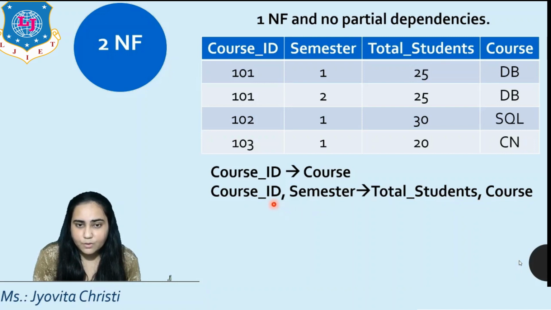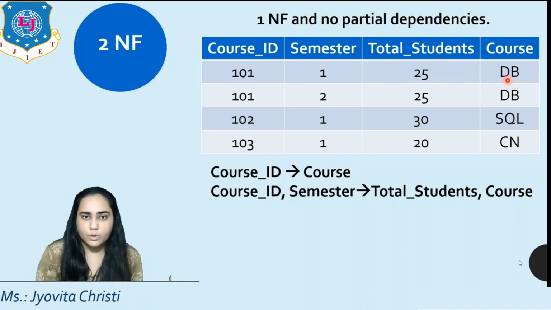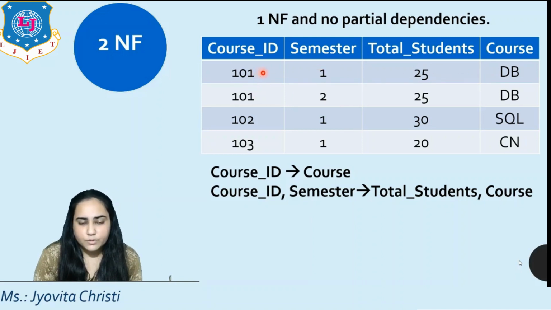So here I'd like you to notice first of all what a functional dependency does. When I say course ID determines course, you can see from the table directly that if I ask you which course has the ID 101, then you'll definitely tell me that it is DB. Because from the table you can see that 101 is coming 2 times, and both times you have DB as the course.